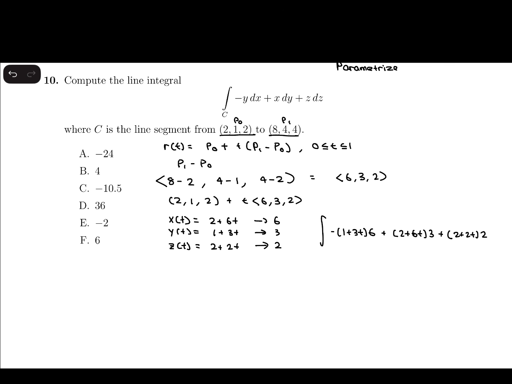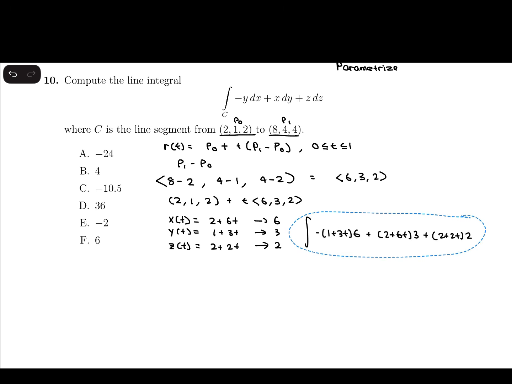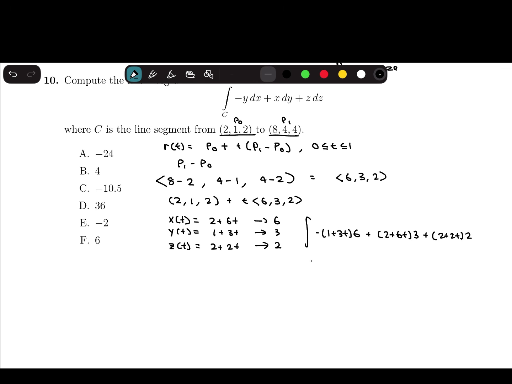Now we have to simplify the integrand. The integrand becomes negative 6 minus 18t plus 6 plus 18t plus 4 plus 4t. As you can see, these cancel out, and we simply get left with 4 plus 4t.